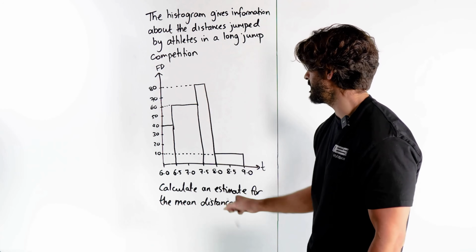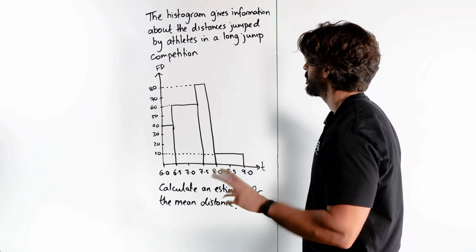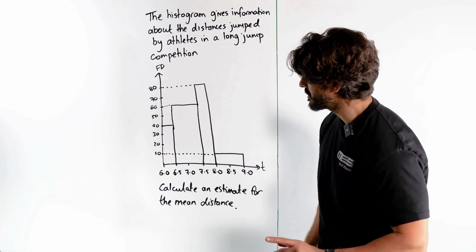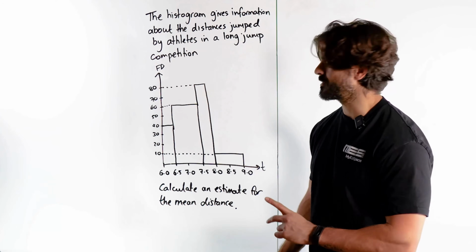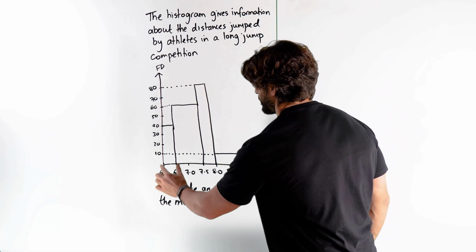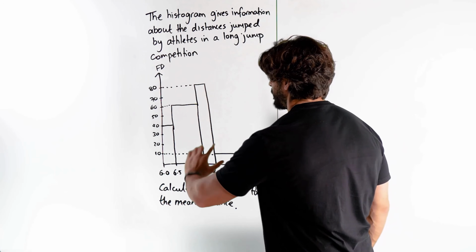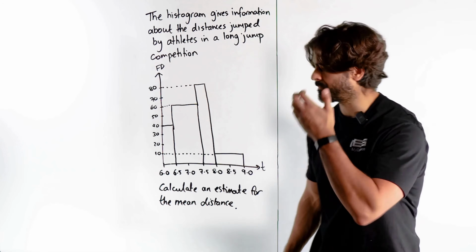Calculate an estimate for the mean distance. So how do we calculate the mean from a histogram? Well, first things first, a histogram is for continuous grouped data. Between 6 and 6.5, we have some kind of frequency, but on the y-axis, we have the frequency density.